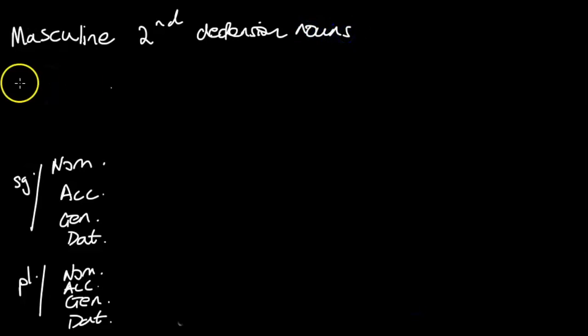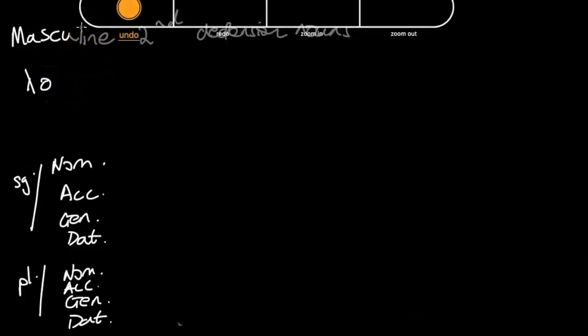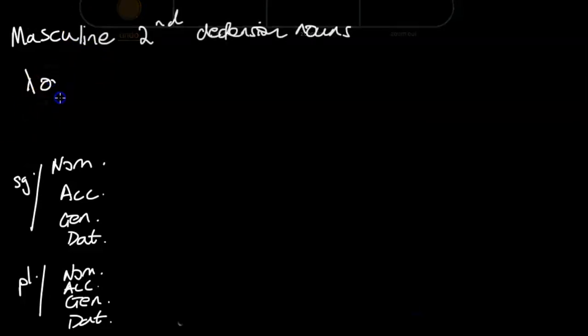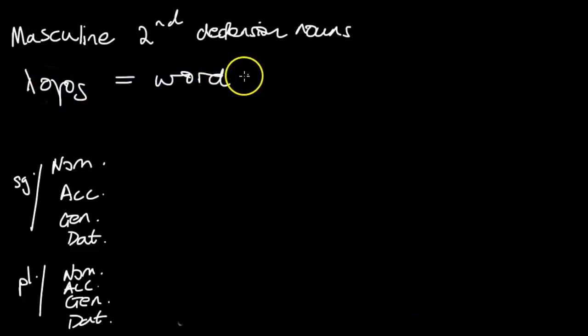Okay, so a common example is logos, which means, sorry, that's bad grammar. Logos, which means word, reason, or story. It has a variety of meanings. In fact, it can also mean argument, and account. But yeah, for the time being, just know it means word, reason, or story.